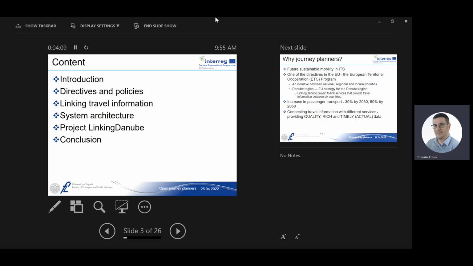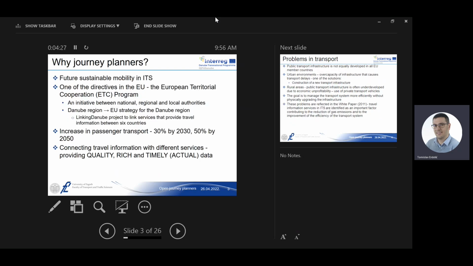So why journey planners? The first thing is that the European Union is focused on future sustainable mobility, ITS. ITS is short for Intelligent Transport System. Here there are two important aspects. The first one is that Europe wants to promote more sustainable transport modes, such as bike, such as railway, such as, how do I say that in English, the rivers.